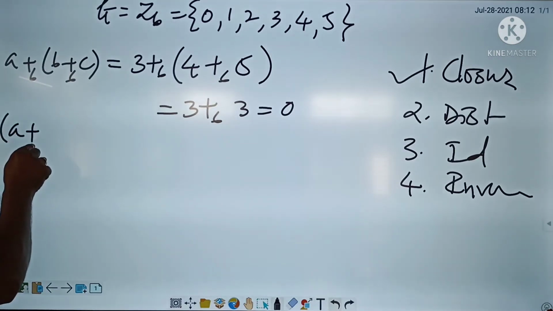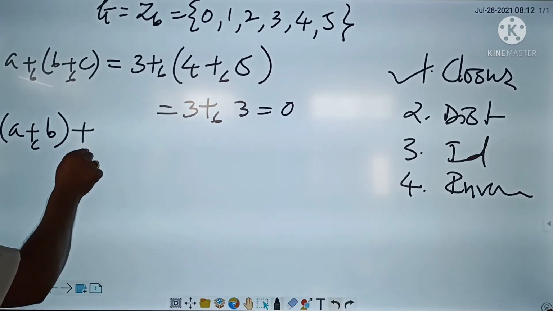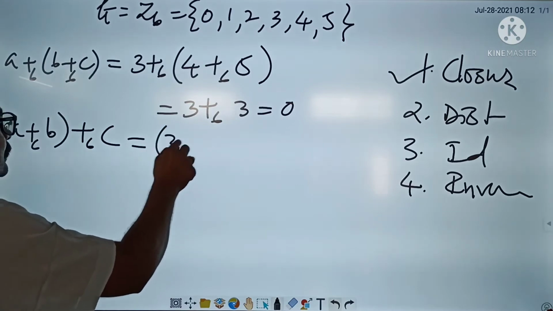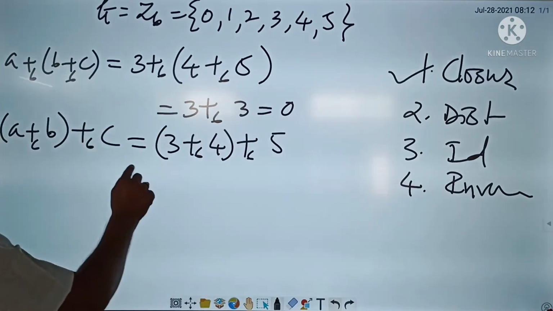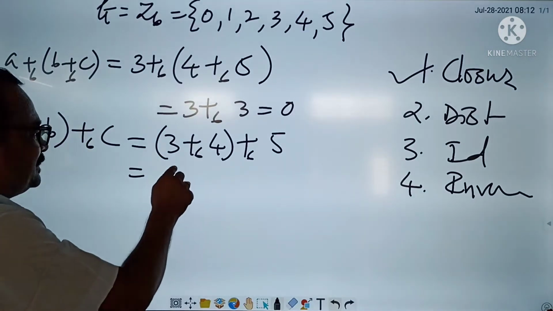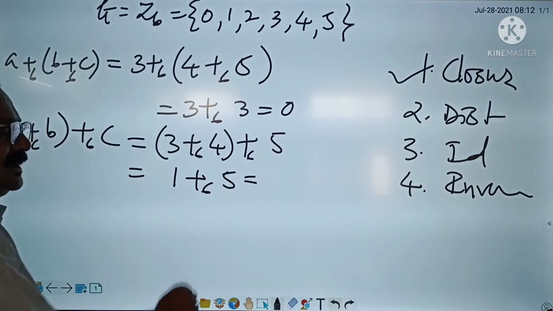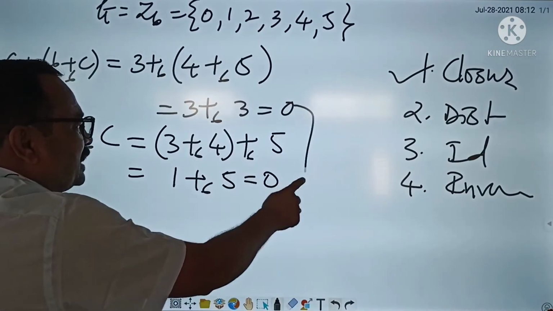Then (A plus B) plus C: 3 plus 4 is 7, 7 divided by 6, the remainder is 1. 1 addition modulo 6, 5: 1 plus 5 is 6, 6 divided by 6, remainder is 0. So both are equal.